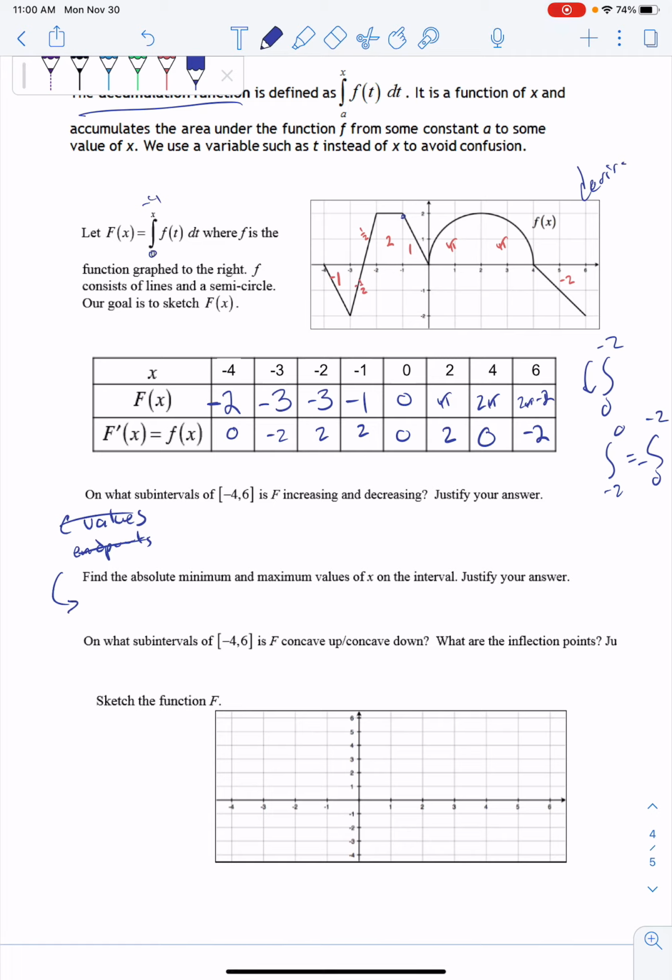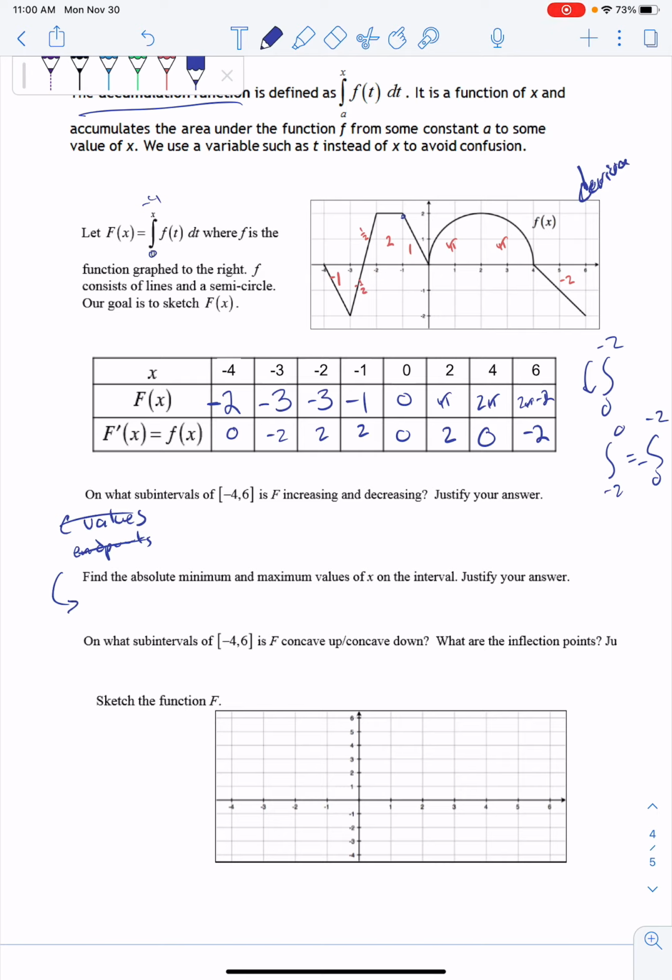Our increasing and decreasing, I guess we can just look at we already have the derivative function, right? So we are increasing when our slope is positive and our value is positive.